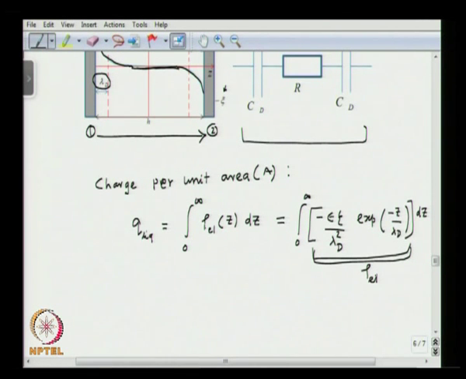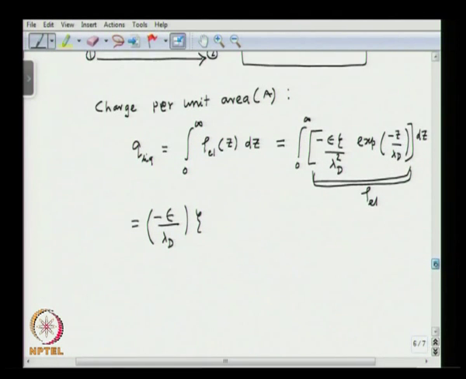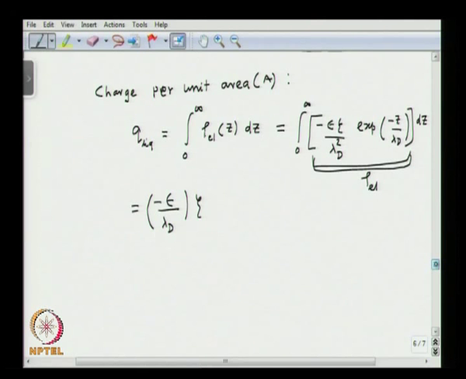Now, if you integrate, what you get is minus epsilon divided by lambda d into xi. Okay. So you are saying charge is given by this ratio here into the zeta potential, okay.